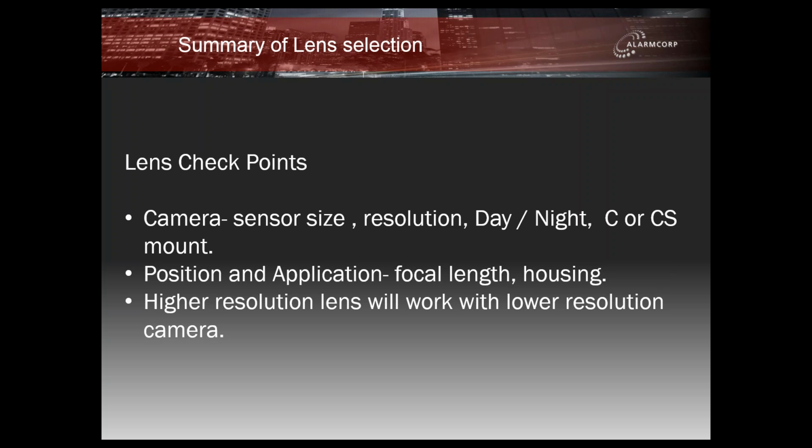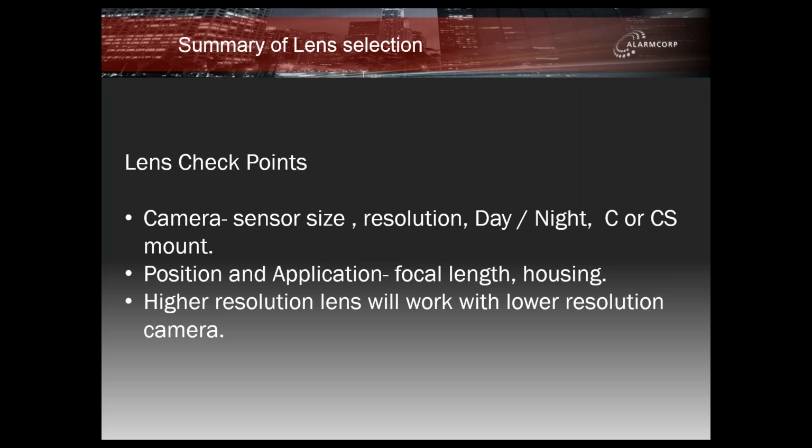We've explained and gone through the C and CS mount options available, and once again, I hope that the framing the image chart helps you, because obviously the position and the application will always be determined by the focal length, what you're trying to capture, and the housing that you have to put the lens and the camera in.